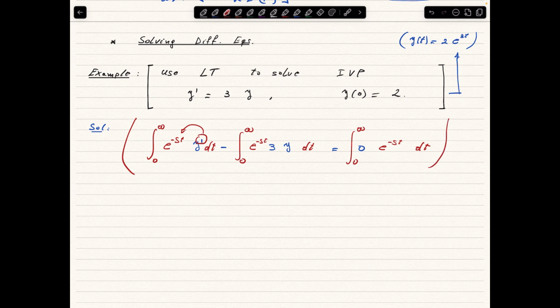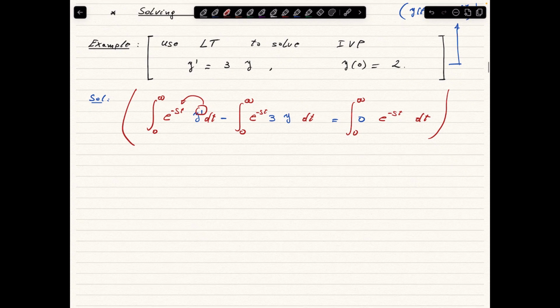And this is exactly what we are going to do, but we are going to use a much nicer notation, because all that we have done here is called the Laplace transform. So we have the equation y prime minus 3y equals 0, and what we do now is we compute the Laplace transform of that, which is what we did here.